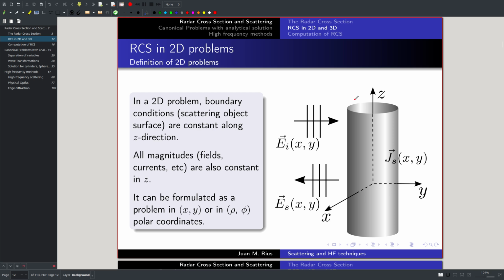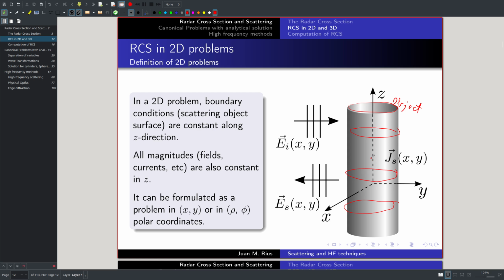These are problems in which the object is constant with respect to the z coordinate, that is, the surface of the object doesn't depend on the z coordinate. It is exactly the same in all planes that are perpendicular to the z axis.